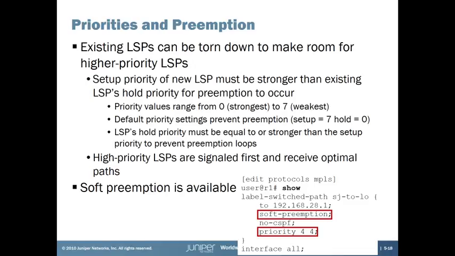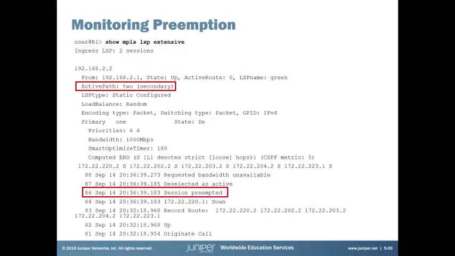That prevents the situation where you start dropping traffic because an LSP has been torn down. Okay, so soft preemption is the configuration parameter that requires the LSP, if possible, to be rebuilt, re-signaled elsewhere before it is torn down.